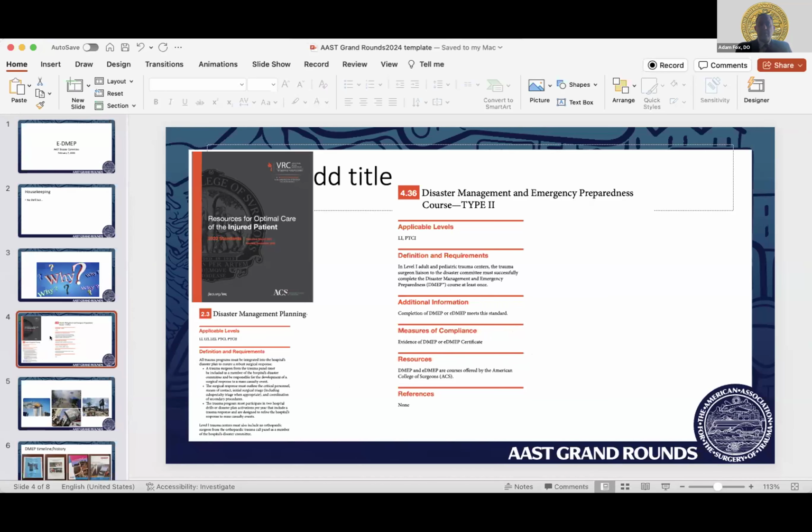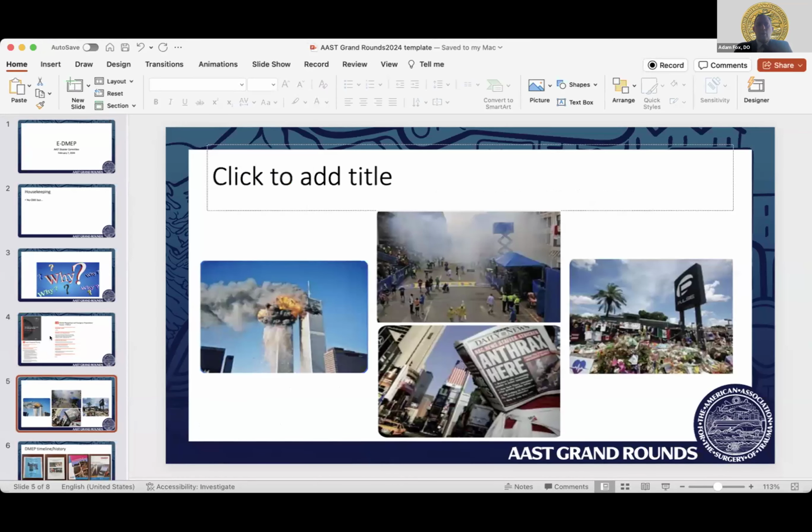But really, this is a bit more complicated than the simple answer that the Gray Book tells you. I would argue in this particular case that we have a history of disasters, both man-made and natural, whereby surgeons need to be involved. What we're seeing over the last 2 decades, from 9/11 to the Boston Marathon bombing to the anthrax scare after 9/11 to mass shootings, is a need for surgeons to be prepared.